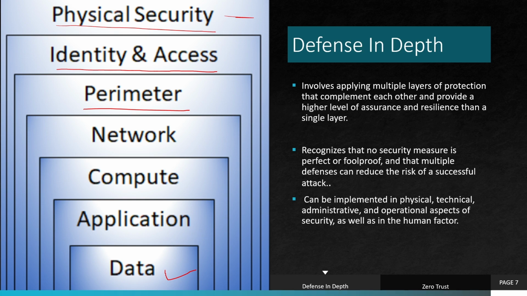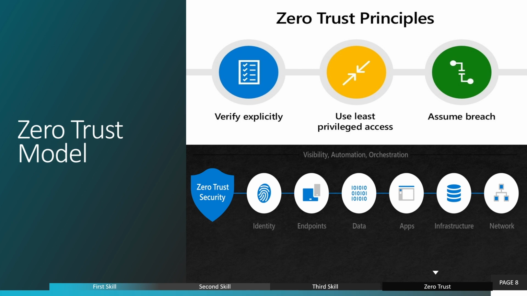So moving on, we'll be talking about another very key concept in security, which is zero trust. Now, zero trust is a comprehensive security approach covering the 6 essential domains of security, domains such as identity, endpoints, data, apps, infrastructure, and network.